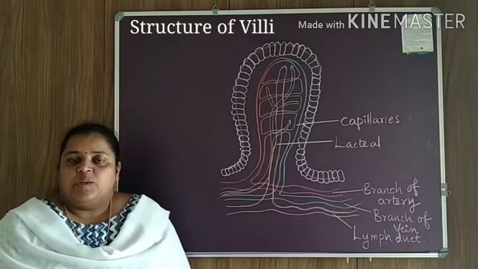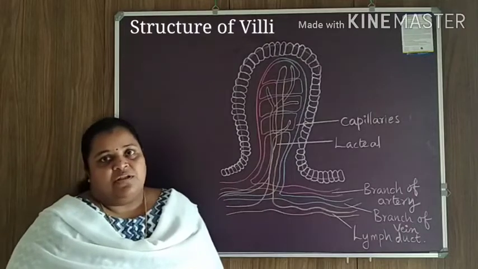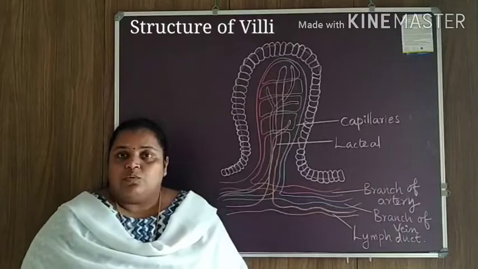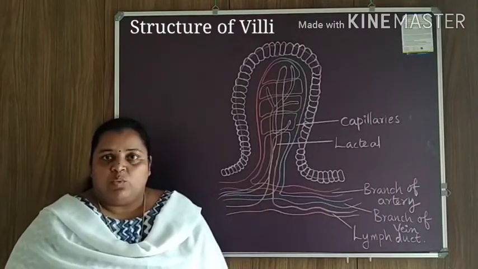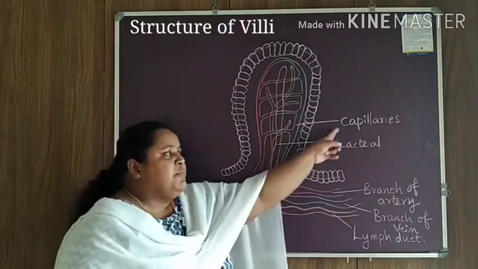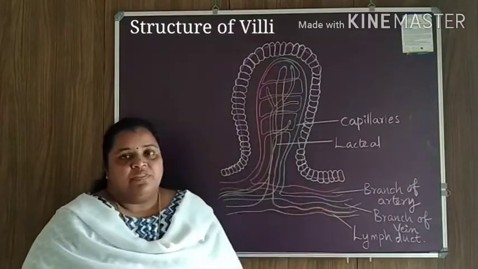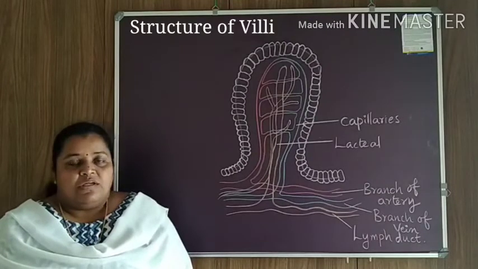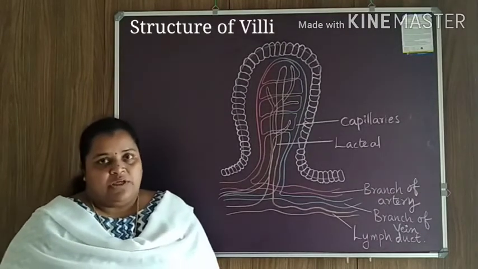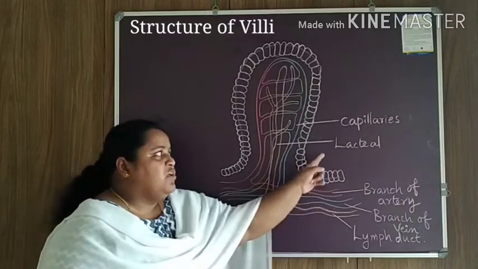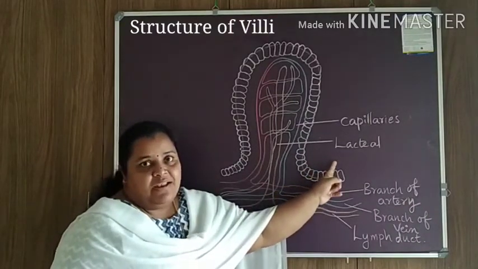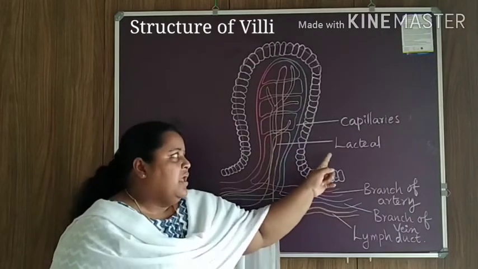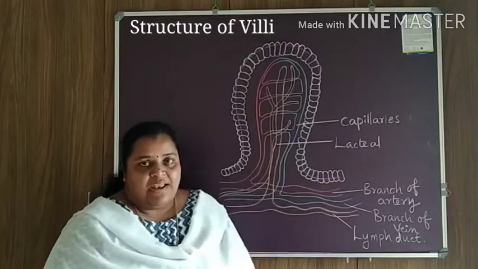Those nutrients which are soluble in water are absorbed by capillaries. Glucose and amino acid are soluble in water, so they are absorbed by blood capillaries. The byproducts fatty acid and glycerol are insoluble in water, so they are absorbed by the lacteal.